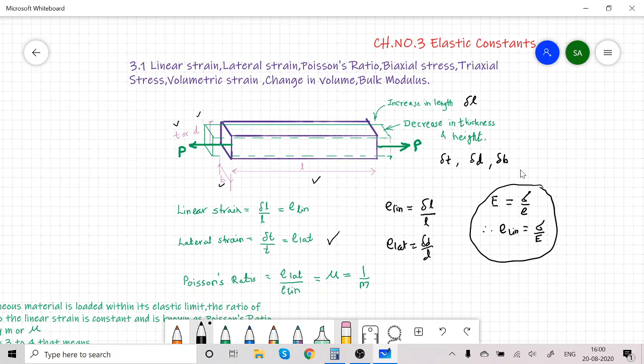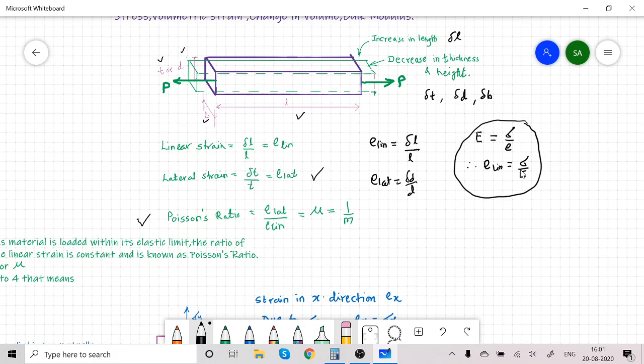This is lateral strain. Now the Poisson's ratio is the ratio of lateral strain to linear strain. It is denoted by mu or 1 upon m.